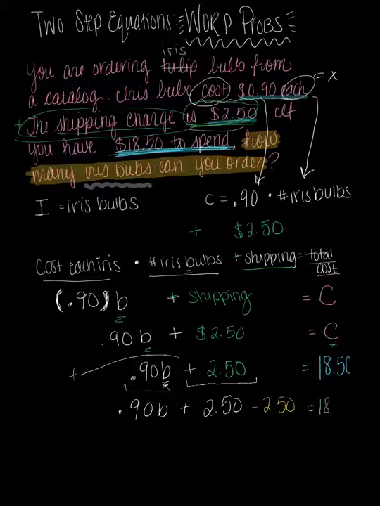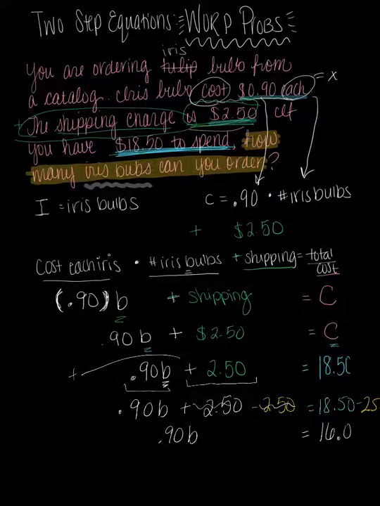And you should have something that looks like this. Okay, and hopefully you recognize that these cross out, and I'm left with 0.90b equals 1850 minus 250, which is going to give me 16 even.